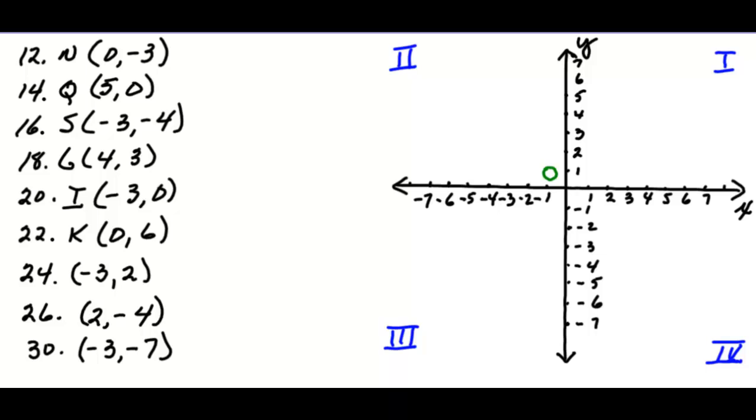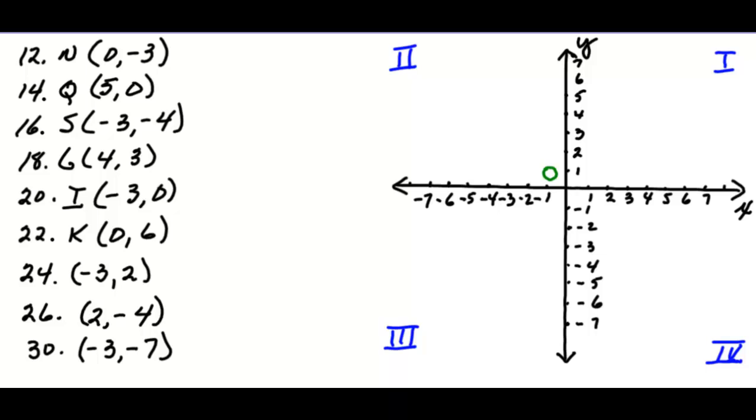We're taking a look at number 12. It says point N is (0, -3). What I do in plotting a point is I first go along the x-axis. All right? Well, we can't go anywhere along the x-axis because it's 0. So since it's 0, we're right in the middle, right at the origin.